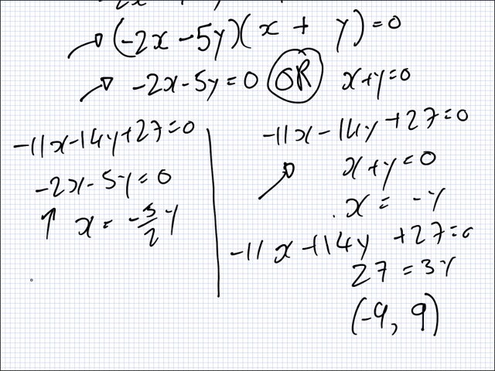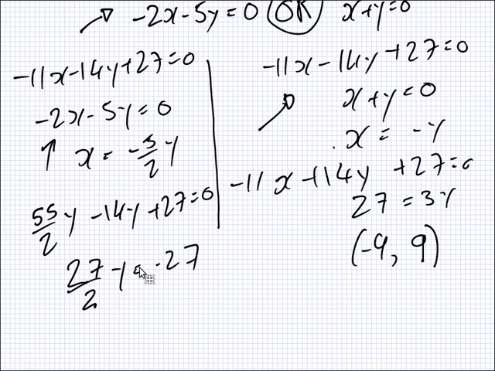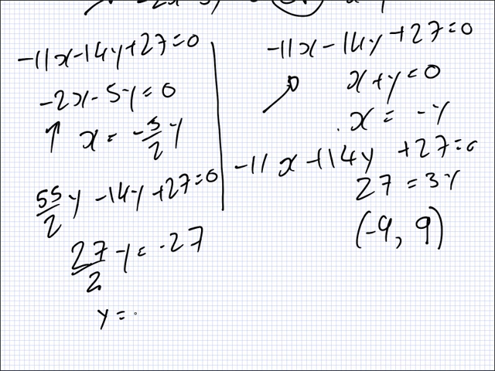And then you can sub that in. 55 over 2 y minus 14y plus 27 equals 0. 55 over 2 minus 14, what's that? 55 minus 28, 27 over 2 y equals minus 27. So what does y equal? Minus 2. So y is minus 2, and that would mean x is 5.